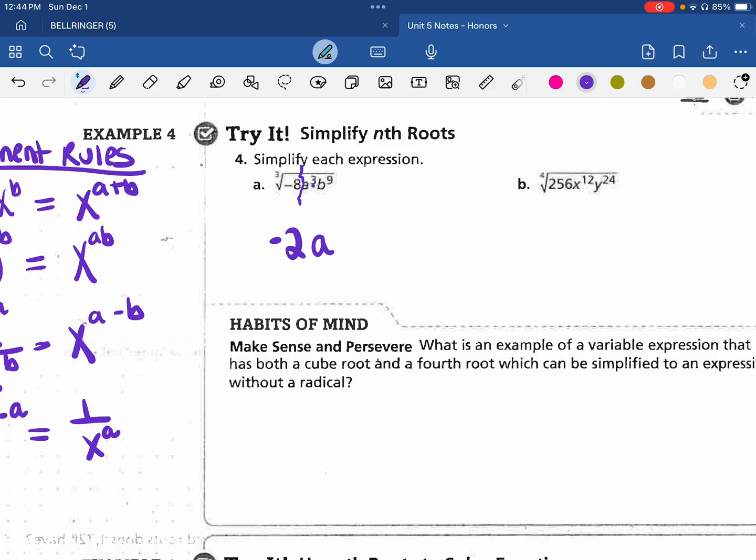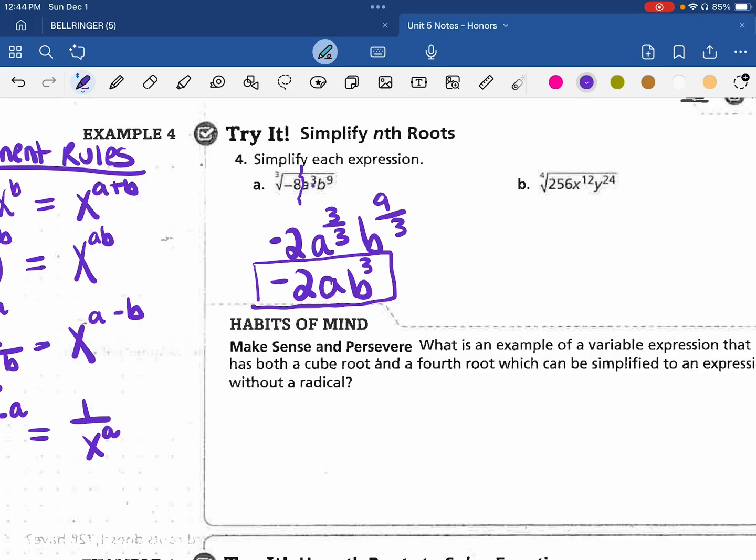So that would be power 3 over root 3, power 9 over root 3. This is negative 2, a, b to the third power. And our exponents stayed odd. They were odd in the root, and they're still odd, so we don't have to worry about absolute value bars. You don't have to worry about them all the time.